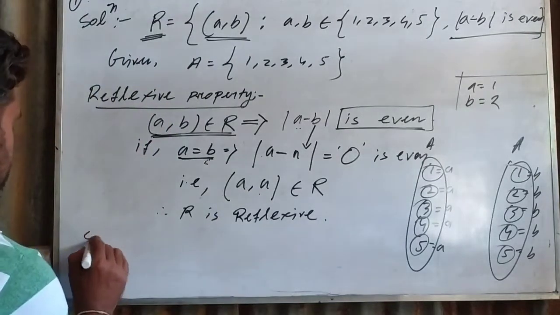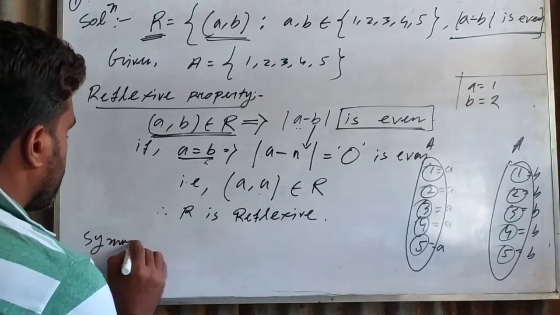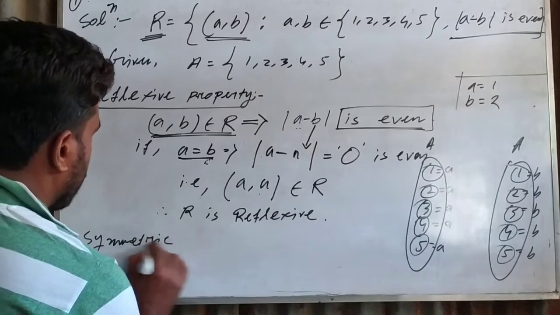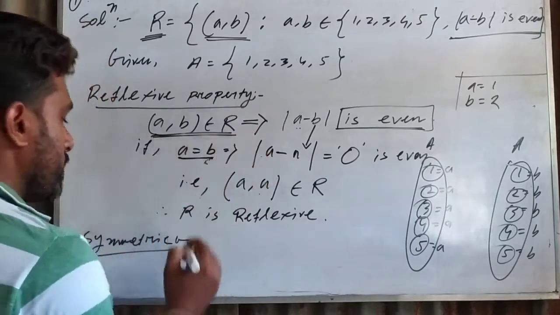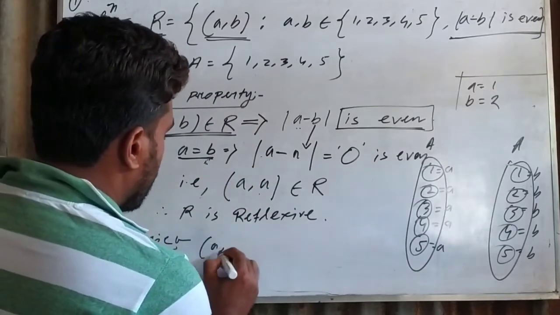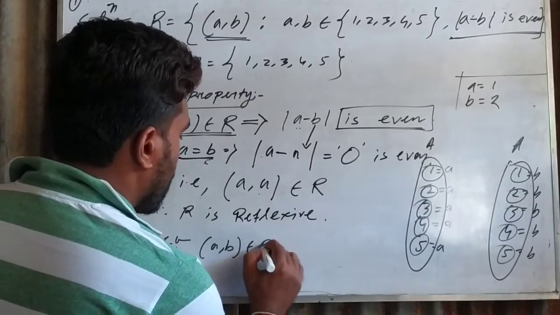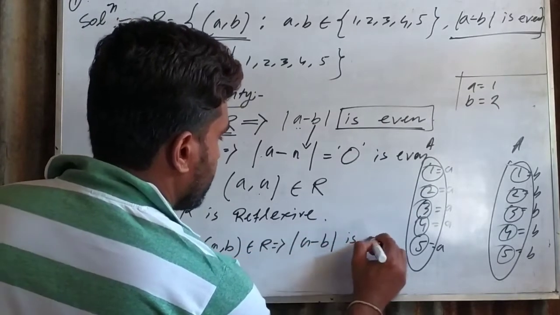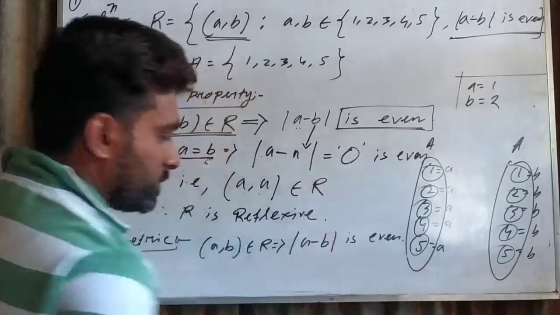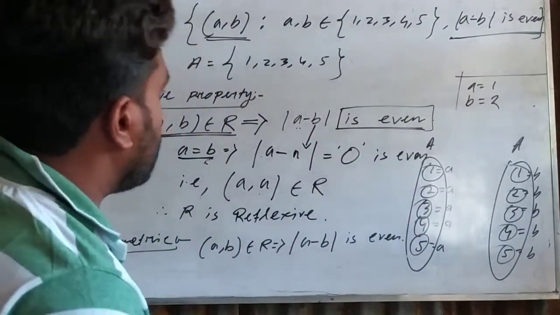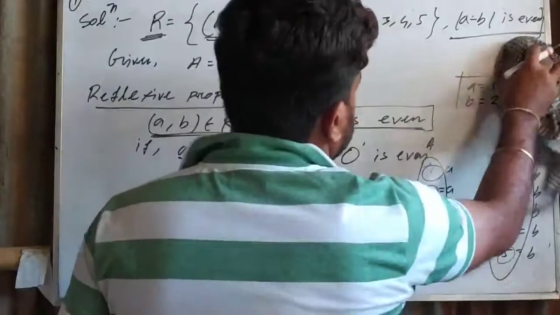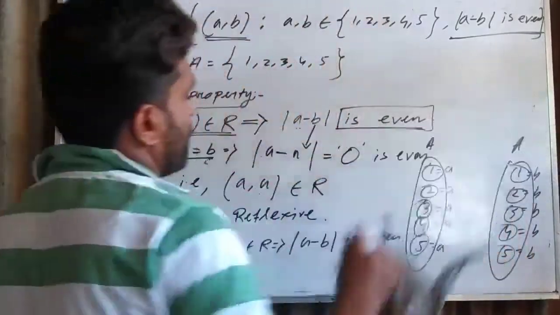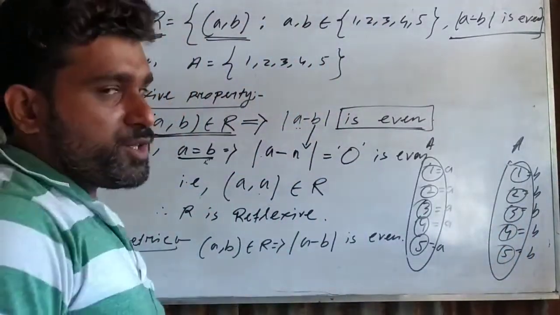Now the symmetric property. For the symmetric property, the same line should be written here: (a, b) belongs to R, and this implies mod of a minus b is even.